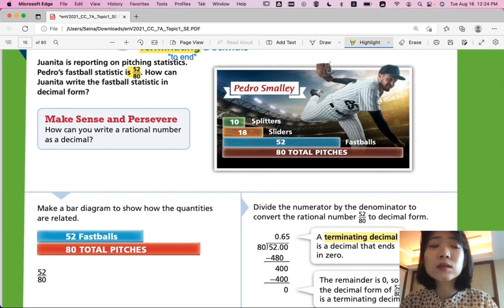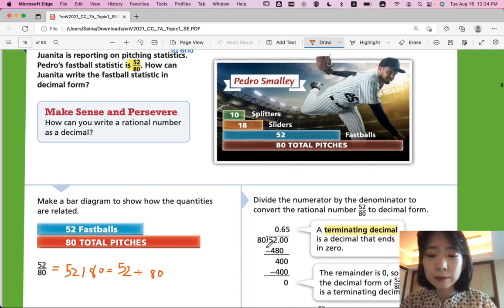You will literally divide the numerator by the denominator, because what does the fraction bar represent? It means division. So you're literally going to divide 52 by 80.